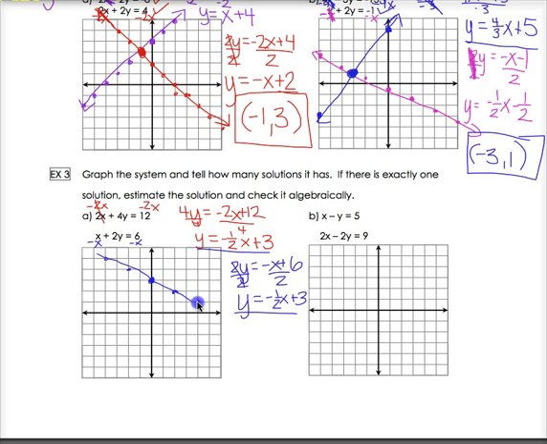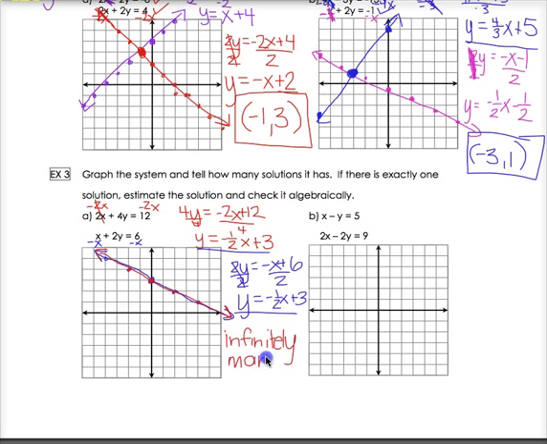Here is my line. Now, if I wanted to graph the red separately, it would be graphing right on top of my blue. This is the situation where you have infinitely many solutions, because as you watched my red go right over top of my blue, everywhere it touches is an intersection.